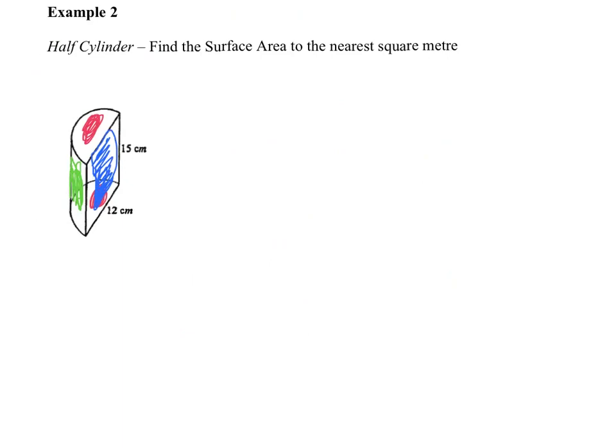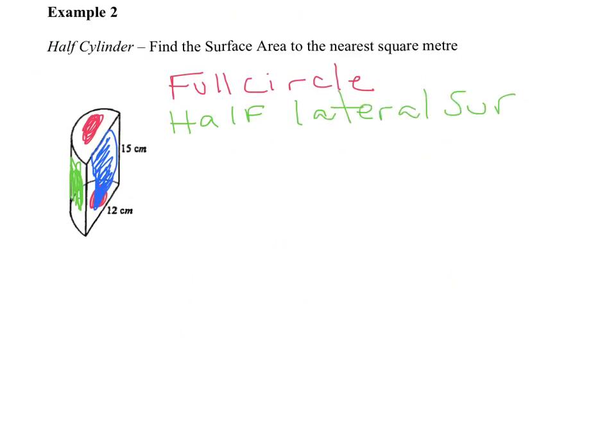So we have a full circle and we have a half lateral surface for a cylinder, and we have a rectangle. Those are our surfaces.